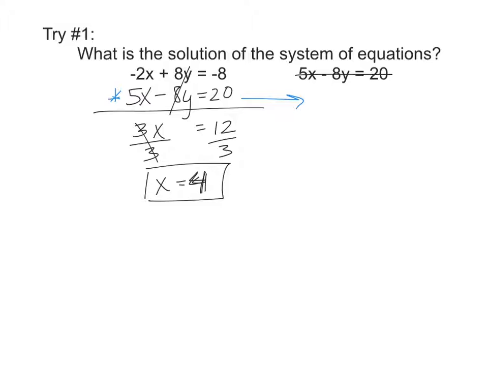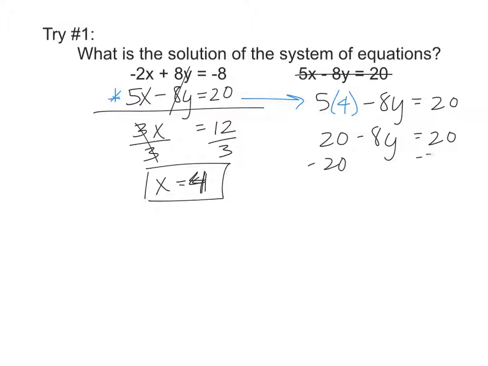So here we go. We're going to have 5 times x, which is 4, minus 8y is equal to 20. That would give me that 20 minus 8y is equal to 20. If I subtract 20 on both sides, I will get that negative 8y is equal to 0.